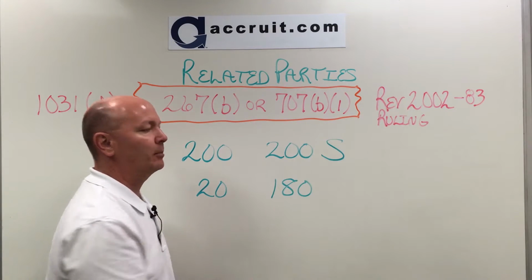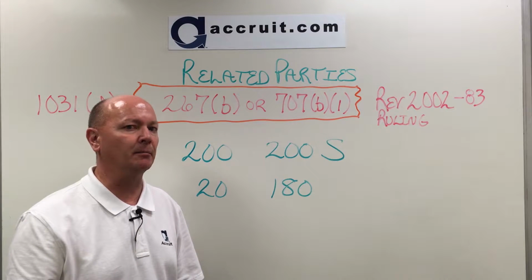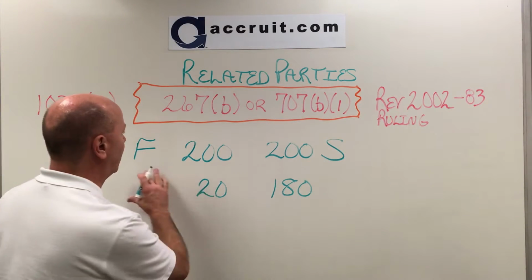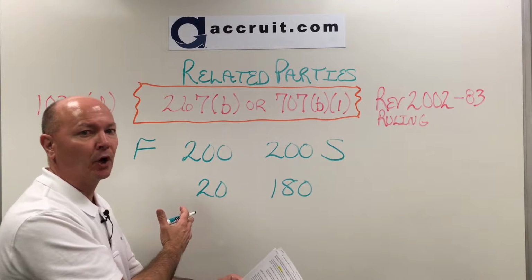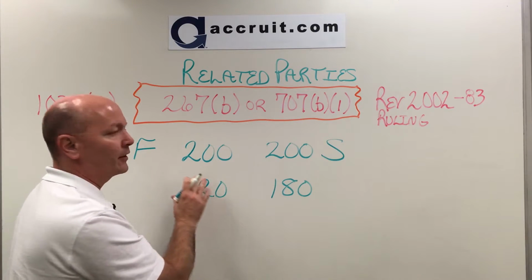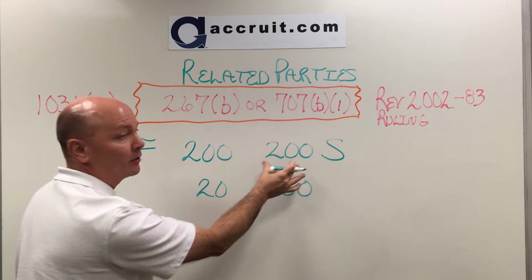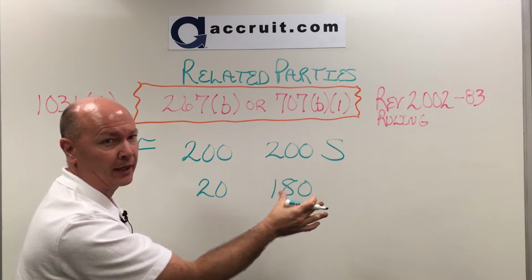So son's property only has $20,000 of built-in gain. So what if father and son swap properties to where father takes over son's property at $200,000 and son takes over dad's property at $200,000.